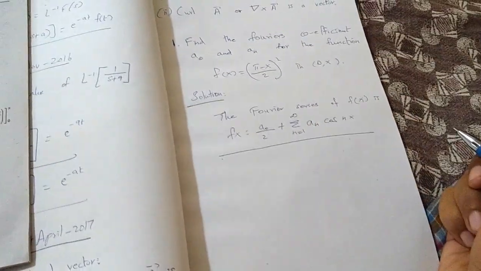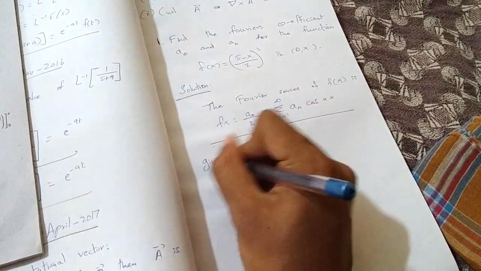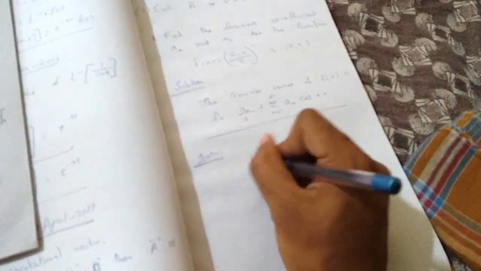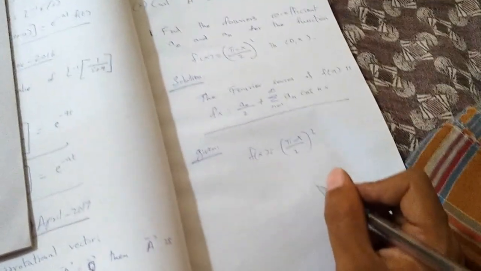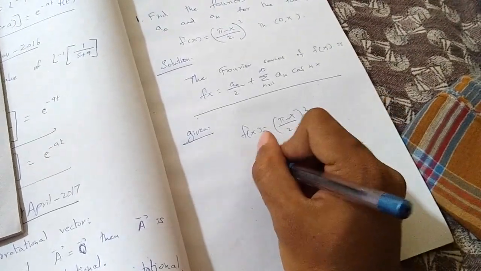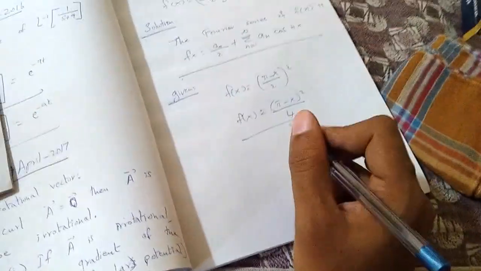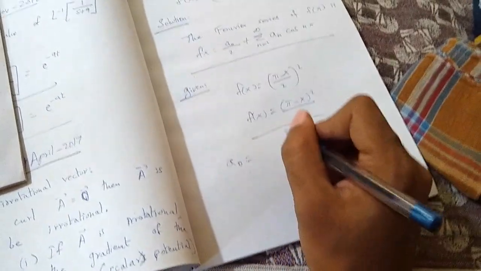This is the formula for f of x in Fourier series. Now let's see what's given. We are given that f of x equals (pi minus x by 2) the whole squared, so that's equal to (pi minus x) the whole squared by 4. Just squaring it. Now let's find out a0.